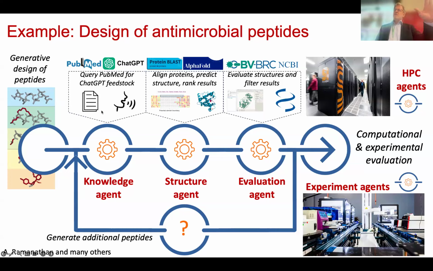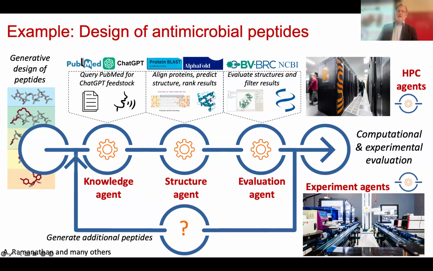Then they can engage with online databases like PubMed and query foundation models like ChatGPT or others to ask for potential hypotheses about the functioning of peptides in particular contexts. Then they can interact with computational systems to predict the structure of a particular peptide, and then perhaps to evaluate how it might interact with a particular bacterial structure based on what we know about it.